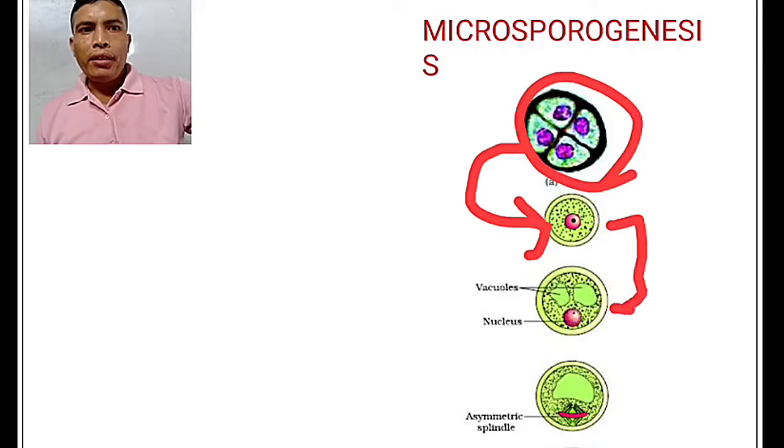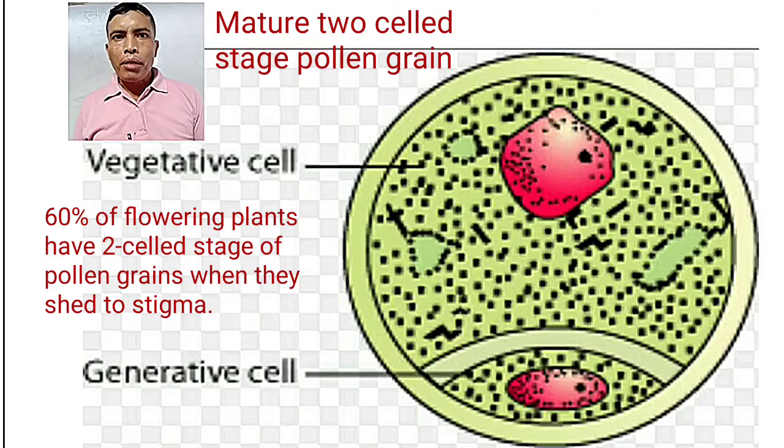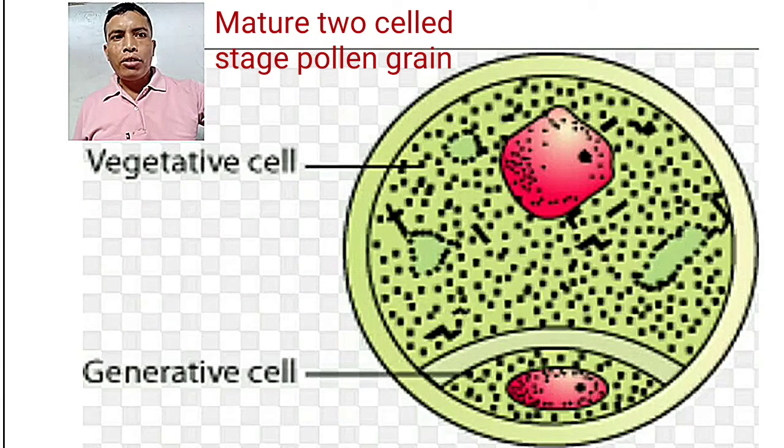This pollen grain will undergo mitotic division to form 2 cells. This is a mature pollen grain. 60% of the flowering plants have the 2 cell stage of the pollen grain. The remaining 40% of the flowering plants have the 3 cell stage of the pollen grain. Here, this is a 2 cell stage of the pollen grain.